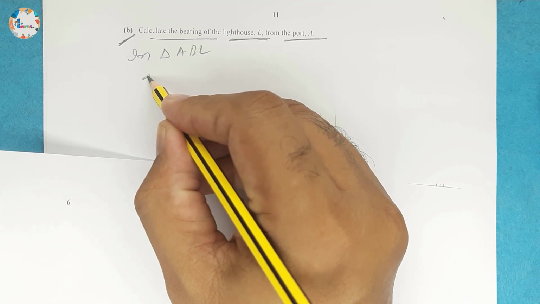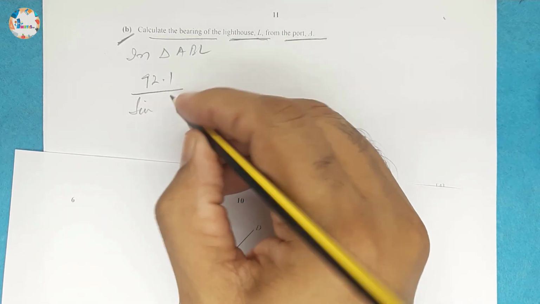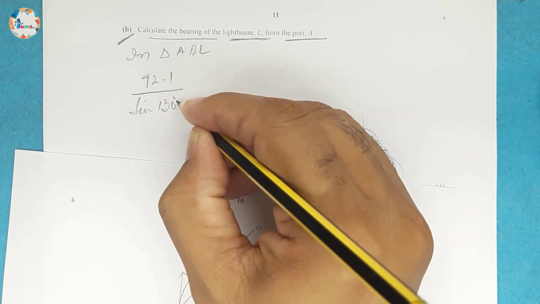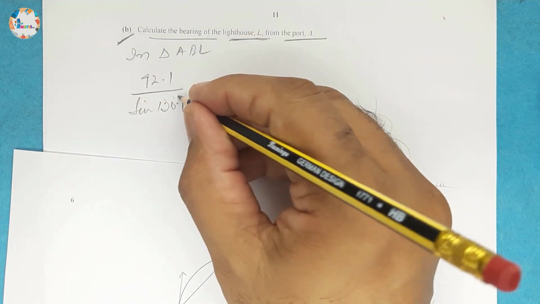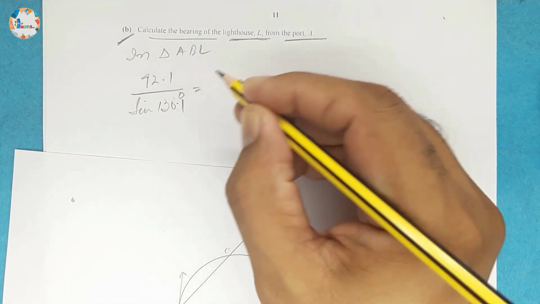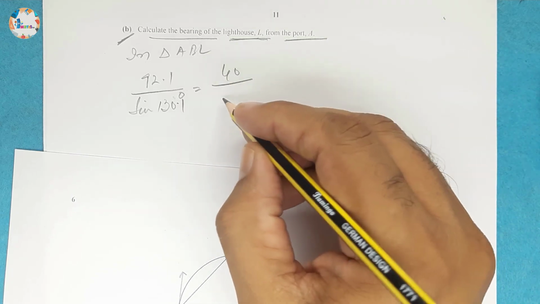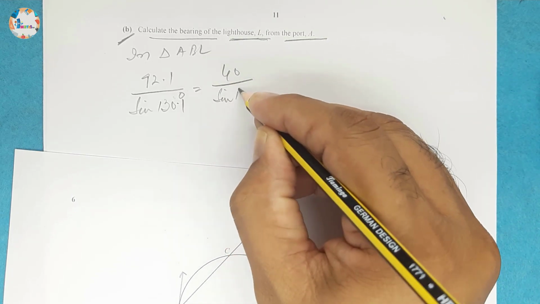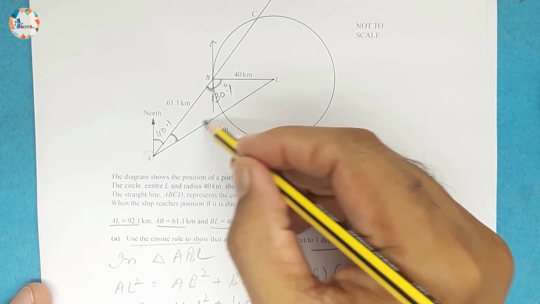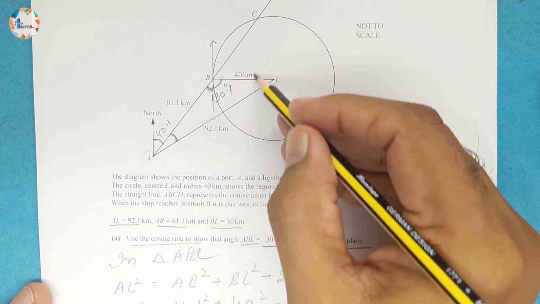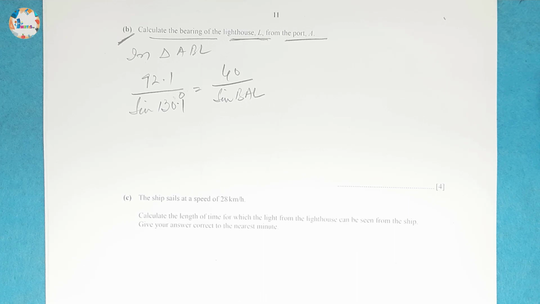So 92.1 divided by sine of 130.1 degrees is equal to 40 over sine of angle BAL. This will be our equation: this over this angle will be equal to this over sine of this angle. Hopefully you are understanding each and everything.